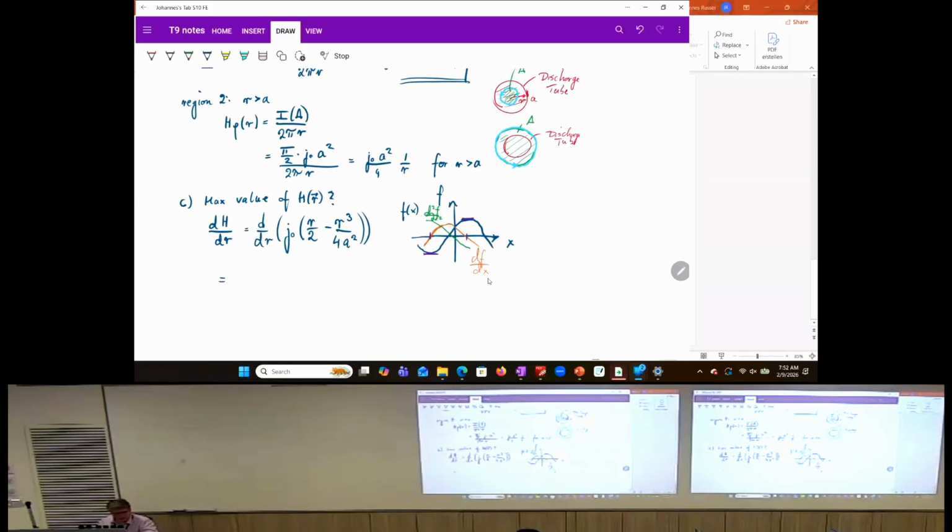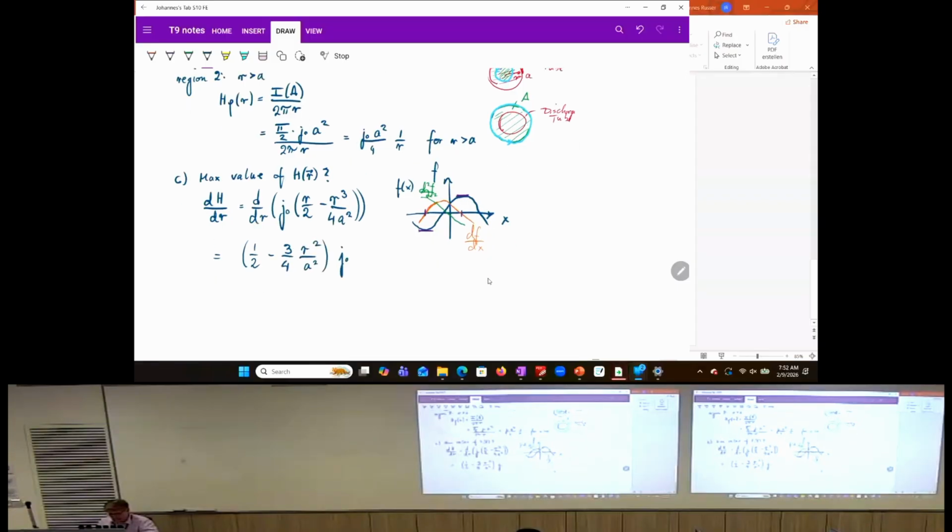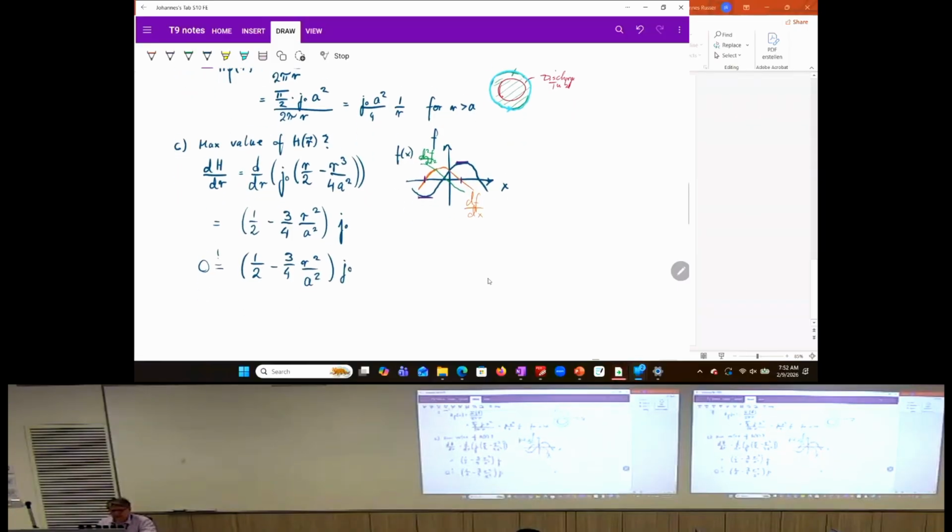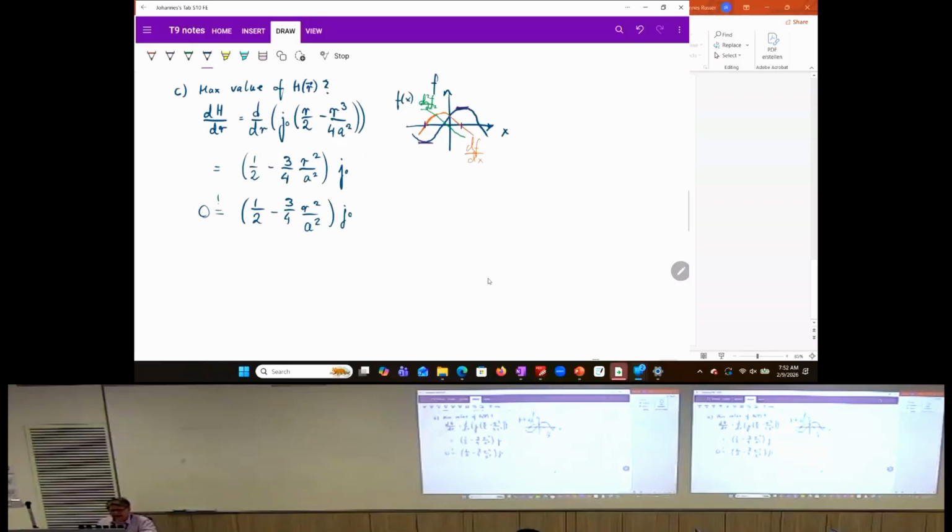The r to the half will be 1/2, and the r to the power of 3 divided by 4 a squared will give us 3/4 r squared over a squared. And now that should be 0. That means (1/2 minus 3/4 r squared over a squared) times J naught is 0. And J naught does not matter here.